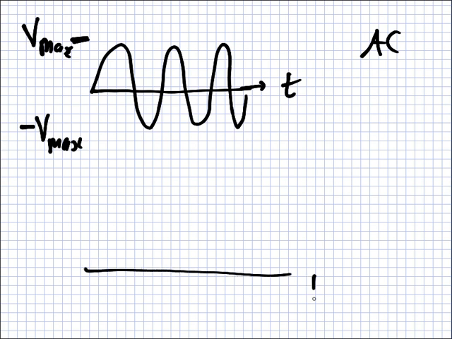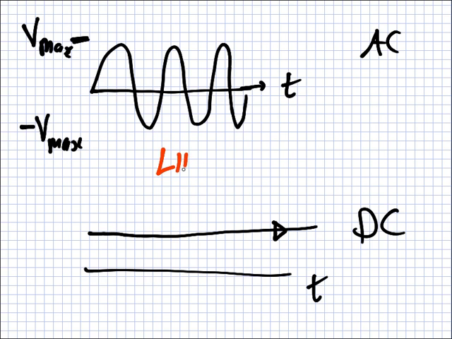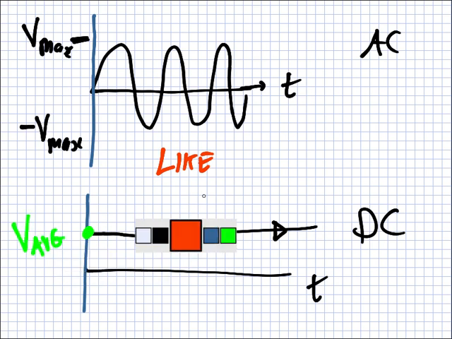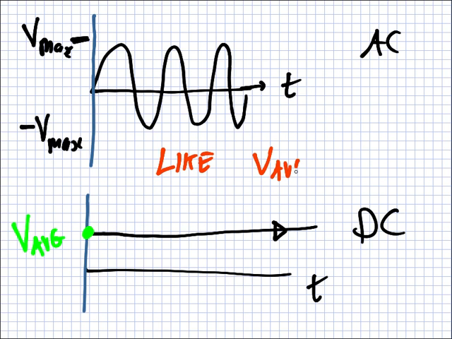This is what a DC does. DC is just constant current. And then we can say that this one is kind of like this one if we use this formula. This here we call V average, and the V average is the V max over root 2.